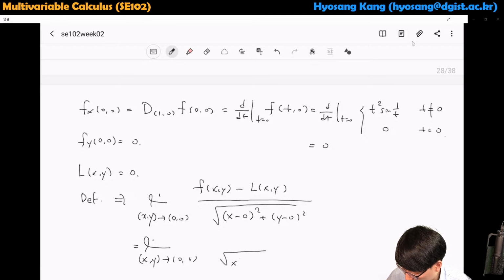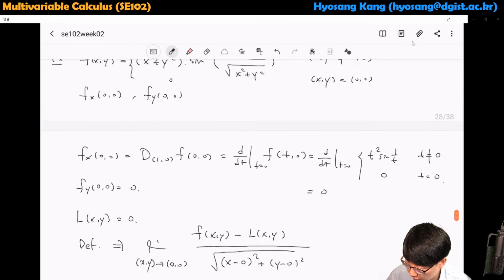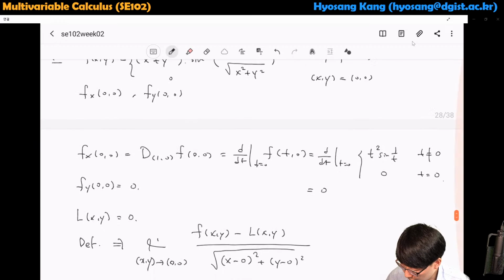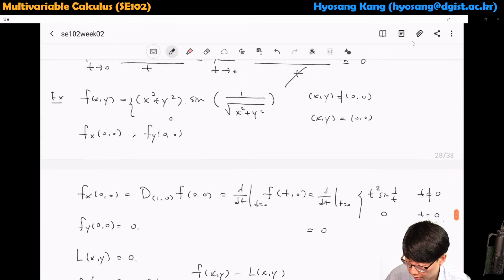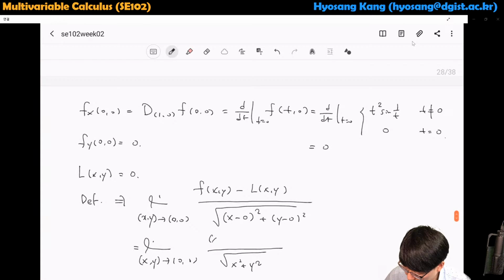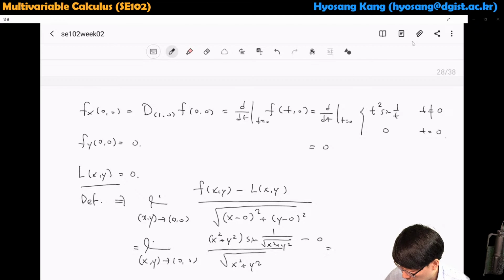So think about (x,y) going to (0,0). We're not actually at (0,0), so f(x,y) follows this formula here. We have the square root of x squared plus y squared times sine of 1 over the square root of x squared plus y squared, minus the linear approximation, which is 0.